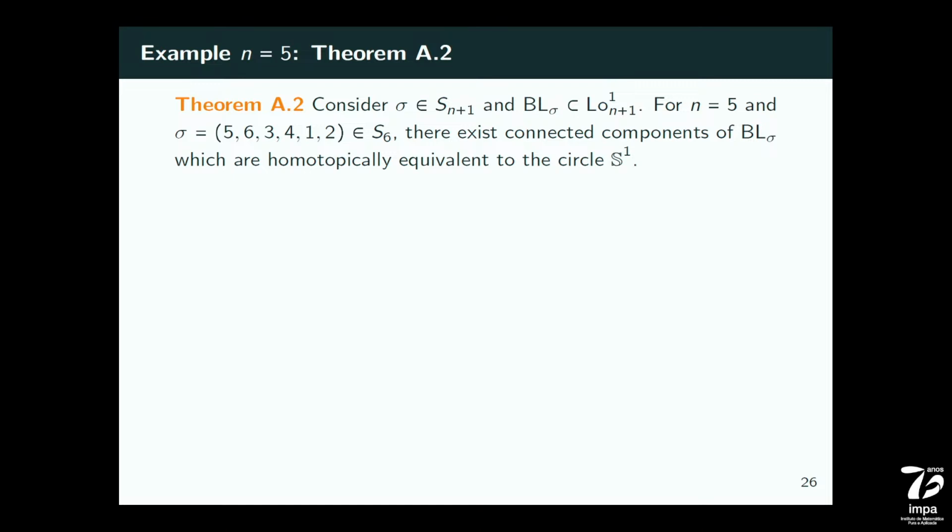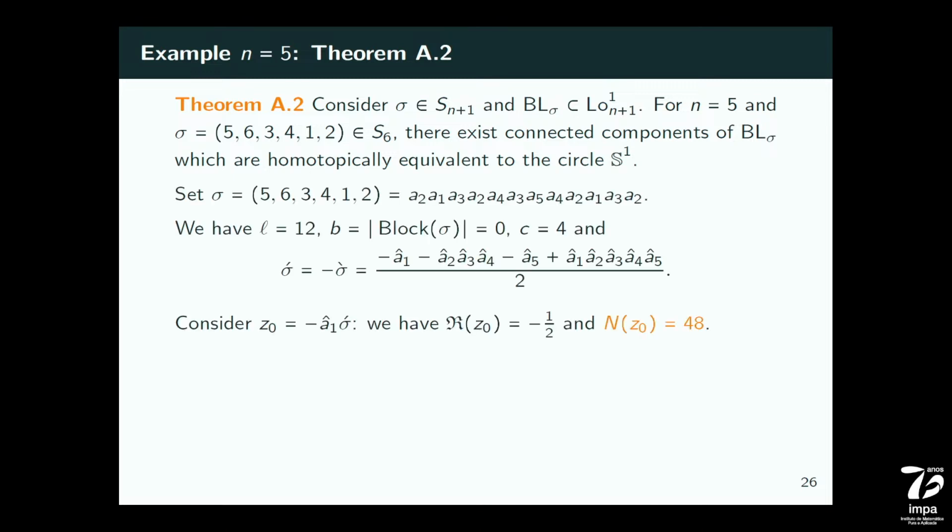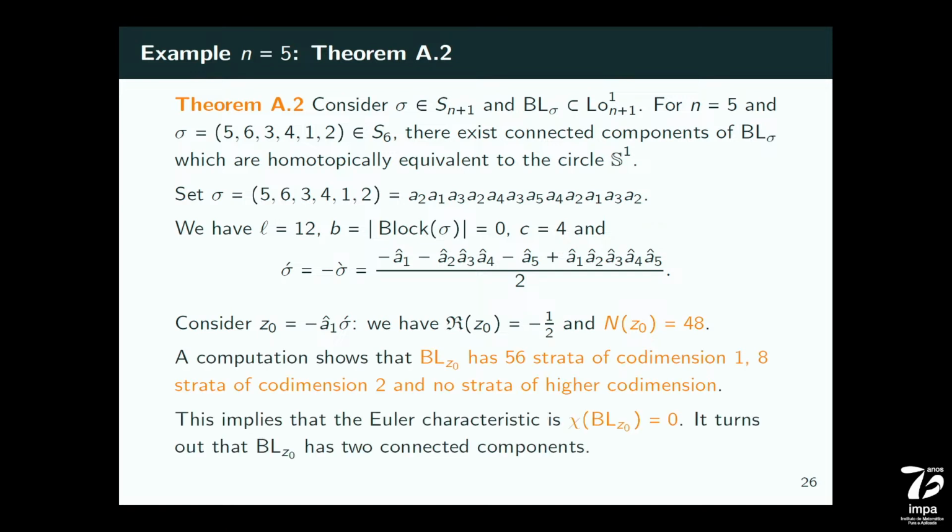Theorem A.2. In this theorem, we are saying that there exists a connected component of BL sigma that is homotopy equivalent to a circle. What we did is we took an example, a matrix sigma, and wrote this product, and in this case L is 12, and we computed exactly the number of cells of each dimension. Of dimension 0, we have 48 cells.